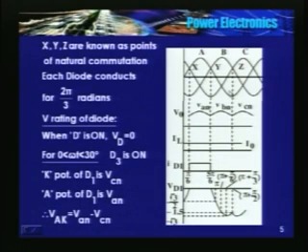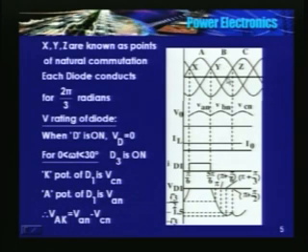What happens after 30 degrees, that is 240, at this instant? Instantaneous value of VAN is proportional to sine 240. Remember, you have to start for phase A, this is the zero crossing. So this value is sine 240, whereas for phase B it is sine 120.